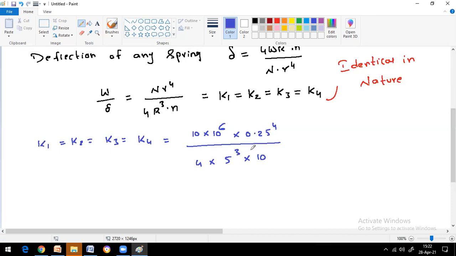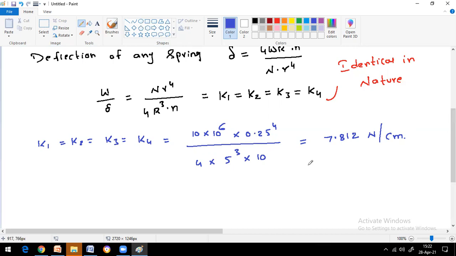Whatever value you get in terms of centimeter, 7.812 Newton per centimeter. So this is the stiffness of each spring. All 4 springs have the same stiffness of 7.812 Newton per centimeter.